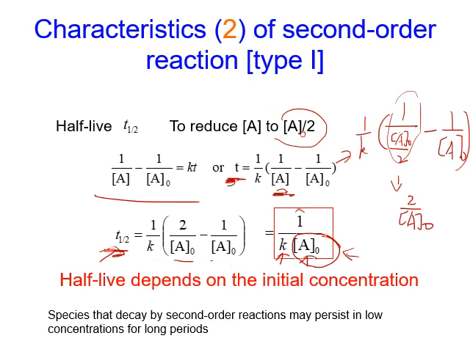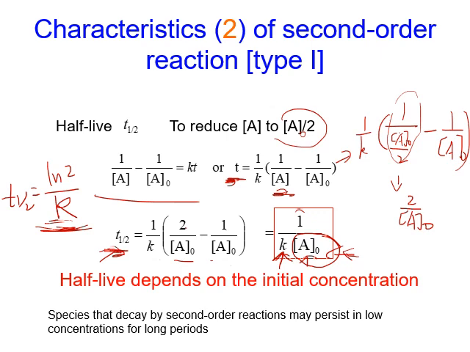For the first order reaction, remember, the half-life is ln 2 divided by the k constant, and only depends on k. There's no initial concentration. For the second order reaction, it also depends on the k constant, but also has an initial concentration. So a first order reaction is independent of initial concentration.